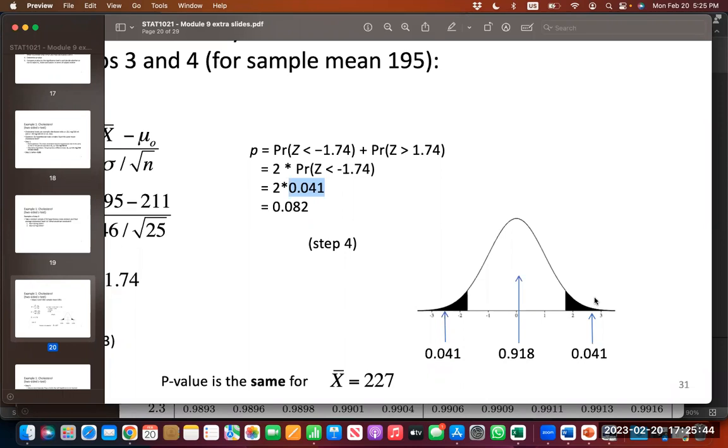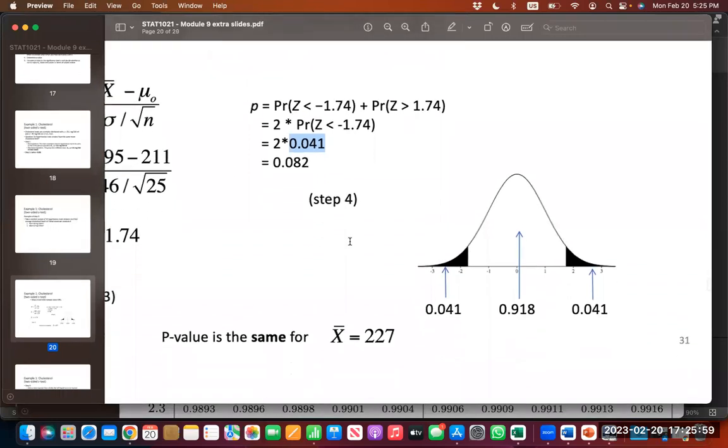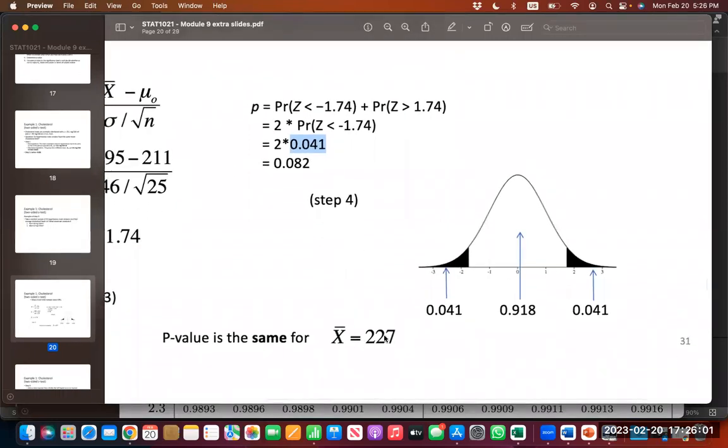I know this is a little tricky, so you need to think a little bit around it. Okay, so this is two-sided. What is now the case for the second sample, which had a mean cholesterol of 227?